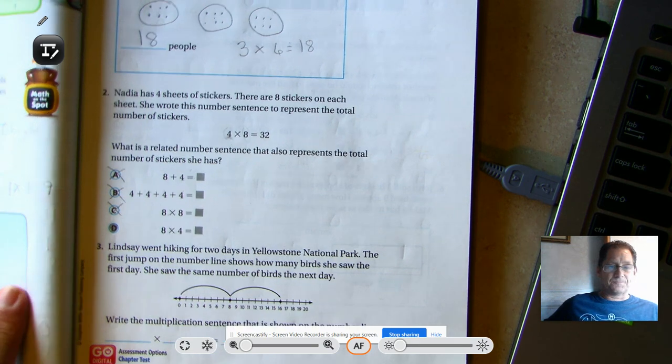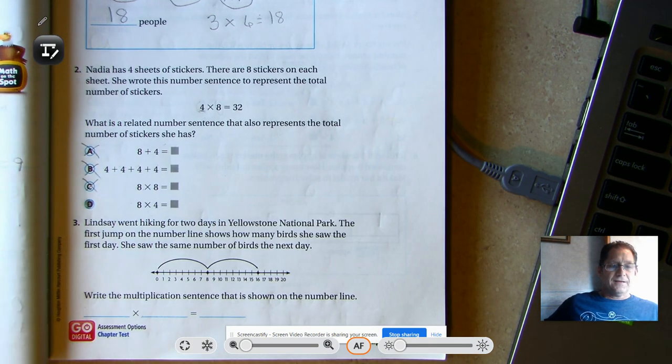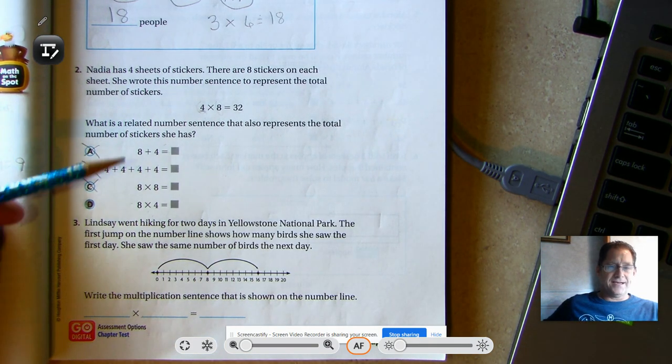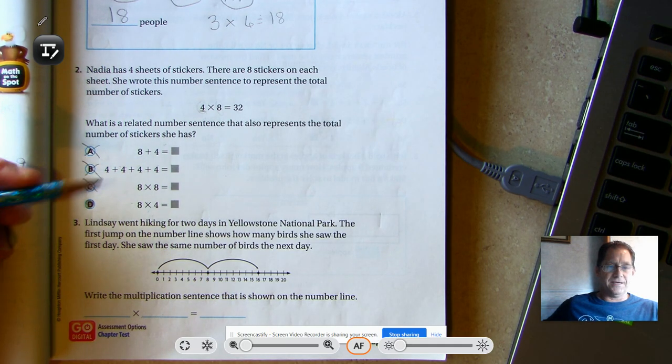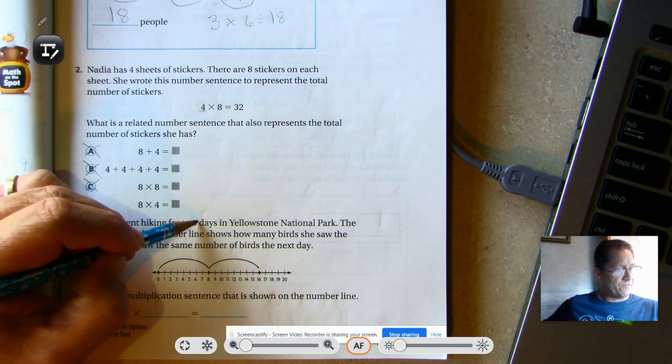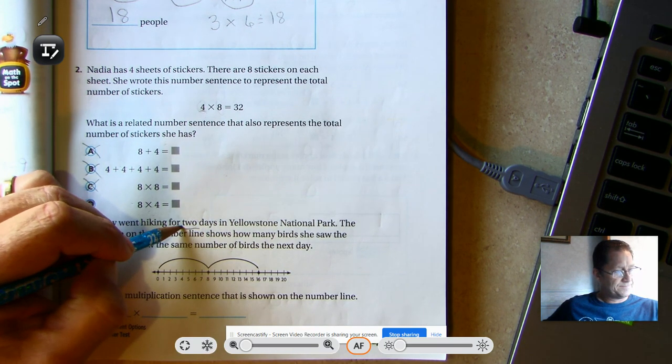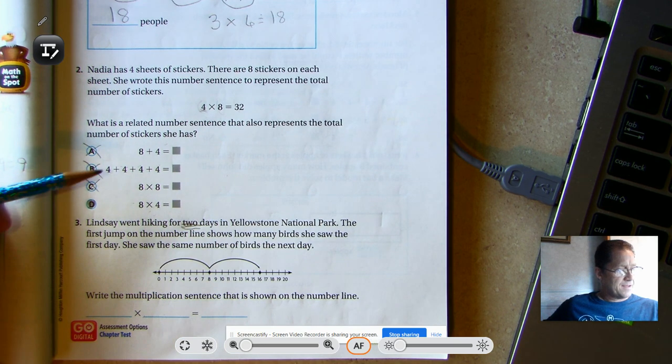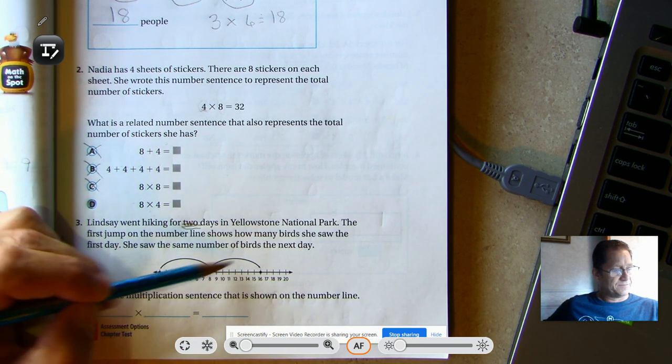Okay, number 3. Lindsay went hiking for 2 days in Yellowstone National Park. The first jump on the number line shows how many birds she saw the first day. She saw the same number of birds the next day. All right, so we know that we have 2 days, and we see 2 jumps.